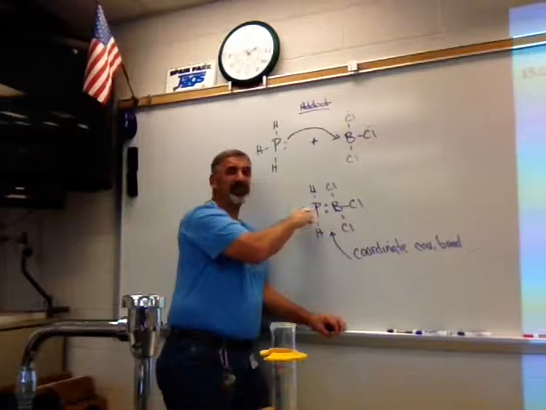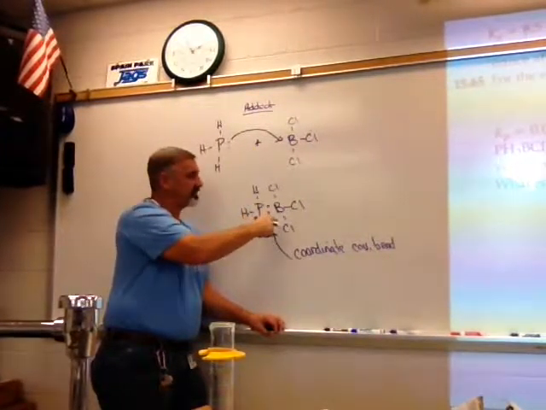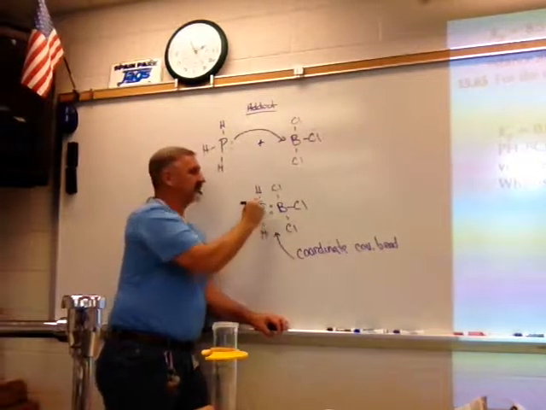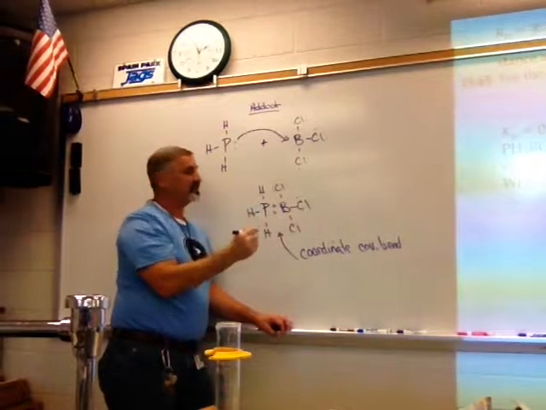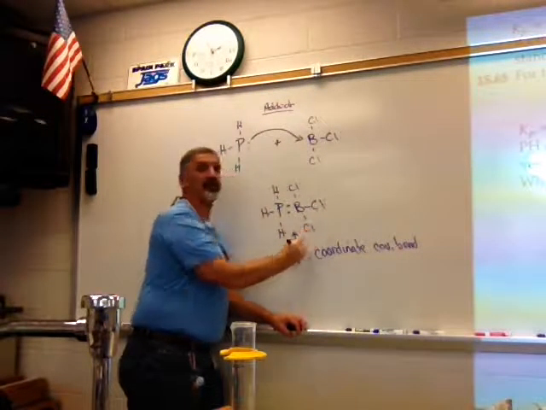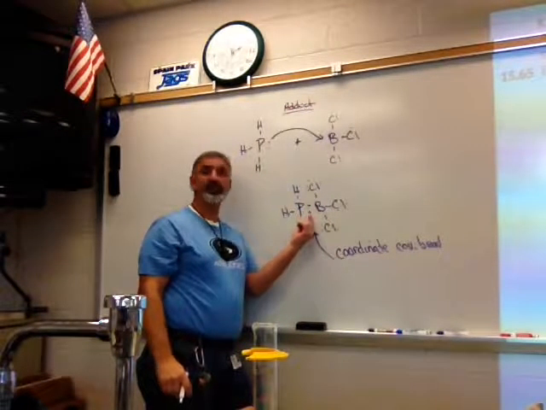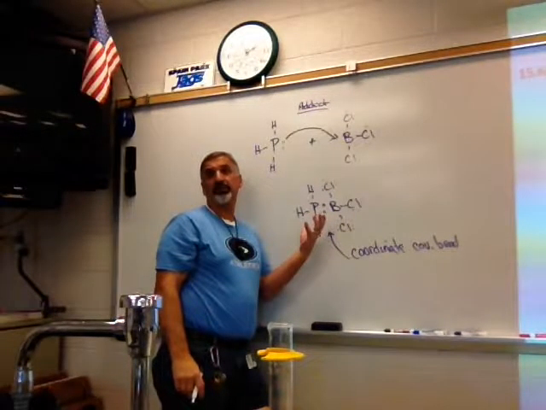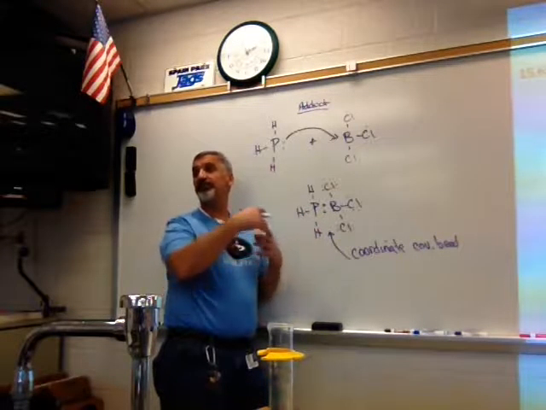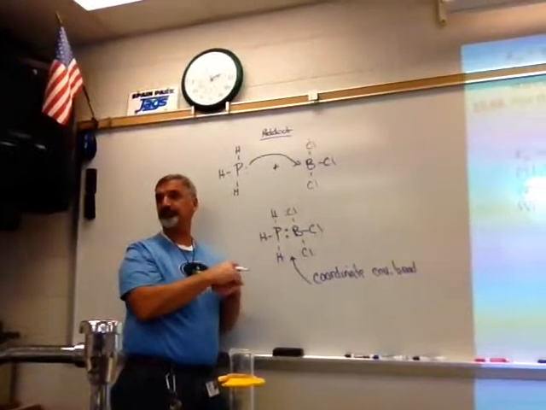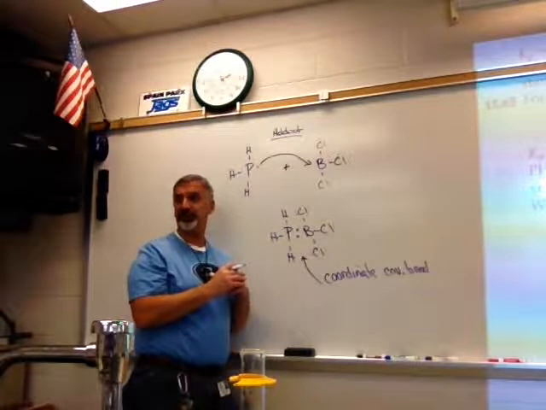This is the same exact type, the same as a single covalent bond. Nothing changes. So nowadays they hardly even use the term coordinate covalent bond because there's no difference in this bond from an ordinary covalent bond, so there's no need to differentiate it. It's just if you're trying to follow where the electrons came from, they both came from the phosphorus.